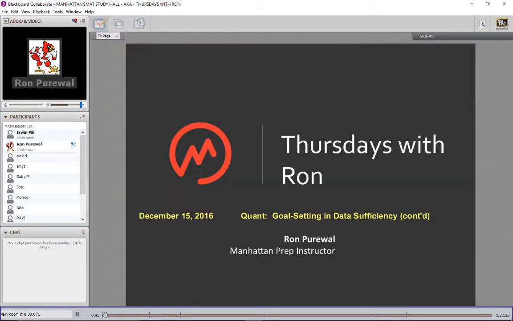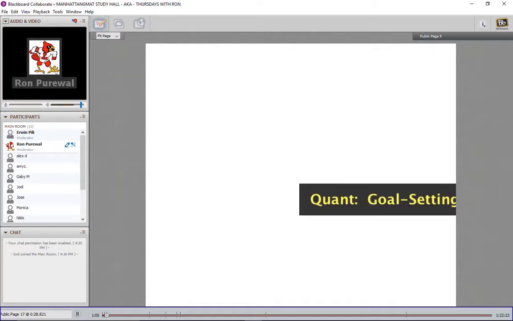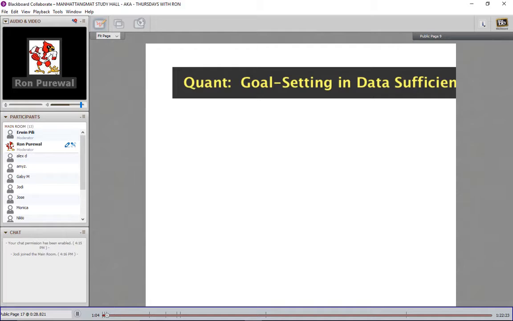I think about half these names were here last time, but goal setting and data sufficiency, what exactly do we mean by that? So let's go to a blank screen and make sure that we are on the same page. Again, we assume that everybody understands what the multiple choices are for data sufficiency.